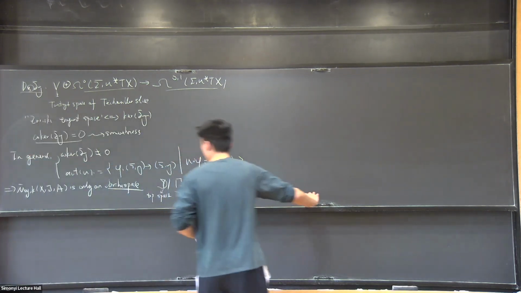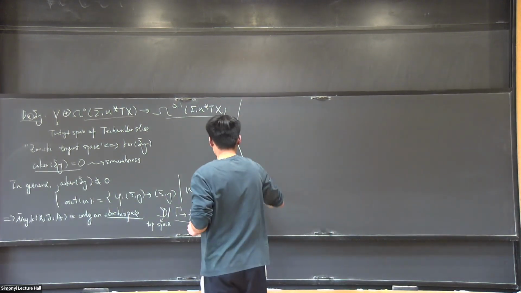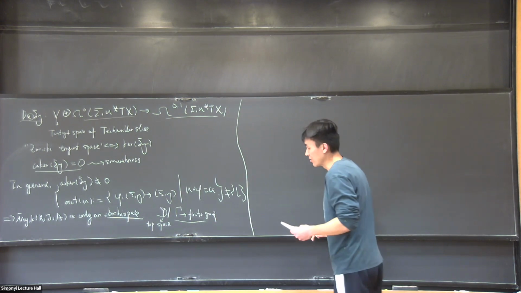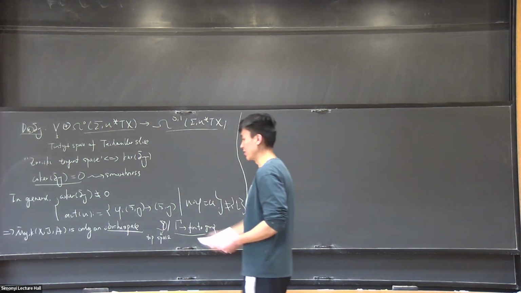This might be a very bad space, but of course there's classical work in topology telling you that nonetheless you can define some kind of virtual fundamental cycle of your moduli space.